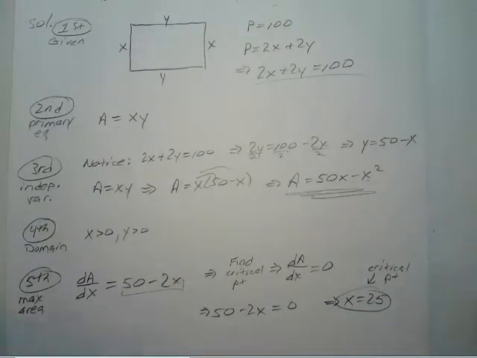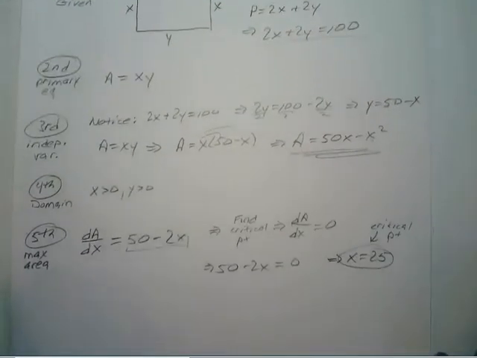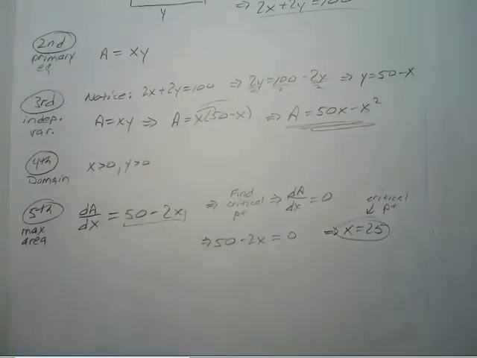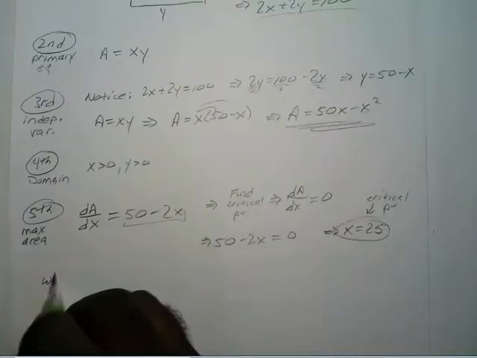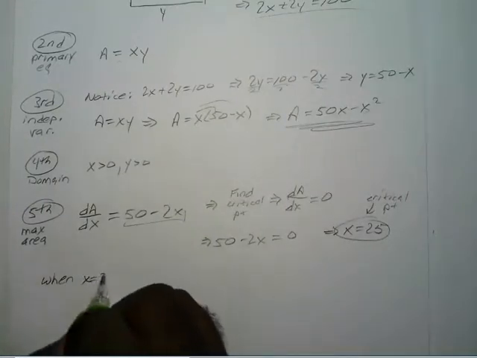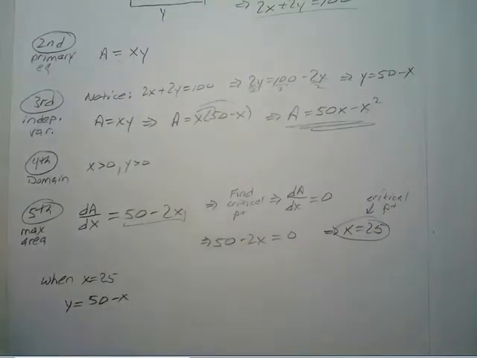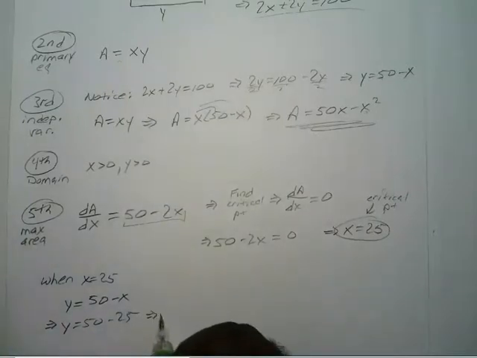All right. So, move that up. Now, when x is equal to 25, that means y equals 50 minus x now becomes y equals 50 minus 25. So that means y is equal to 25.